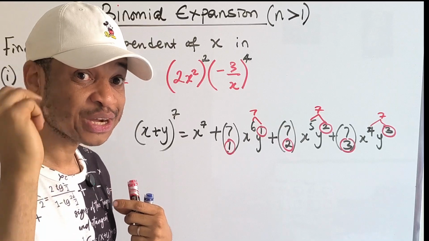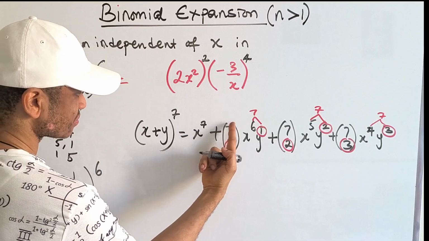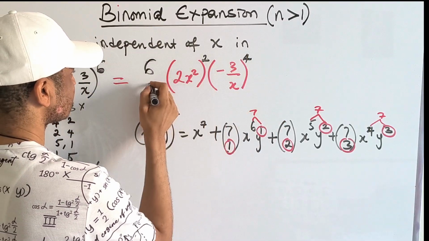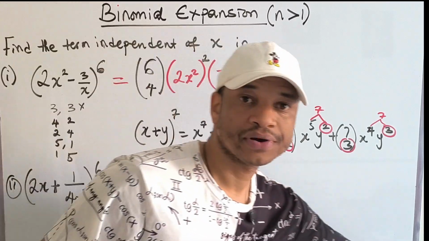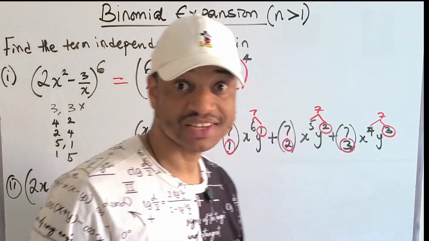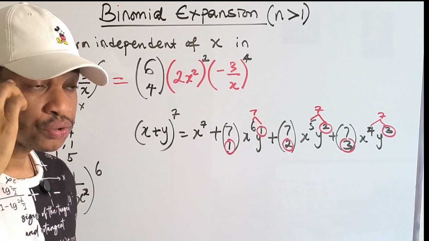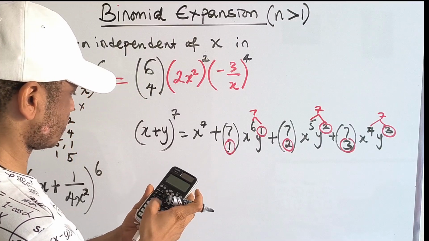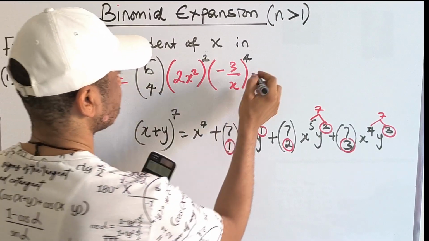Indices help you. So what do you think will be here? Look at the pattern: 6 and 4. You just press your calculator and see your answer. They don't care how you got it, but you're thinking. Thinking is part of the math. So 6C4 is 15.